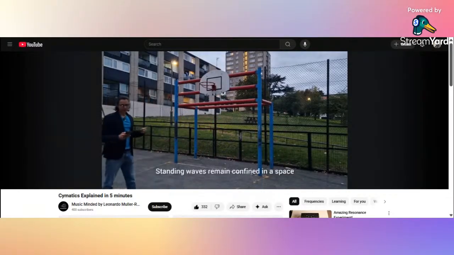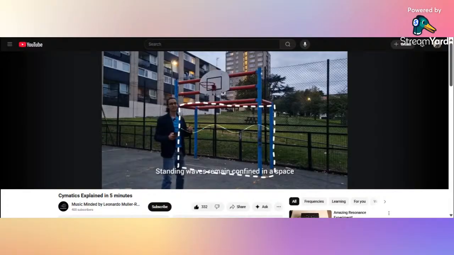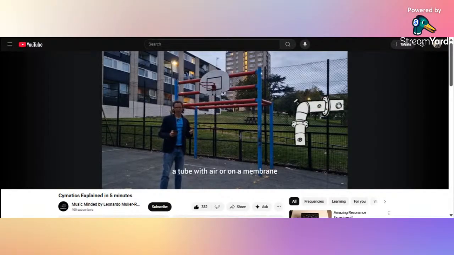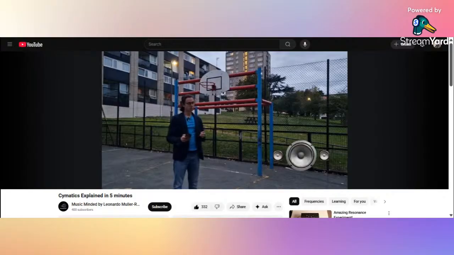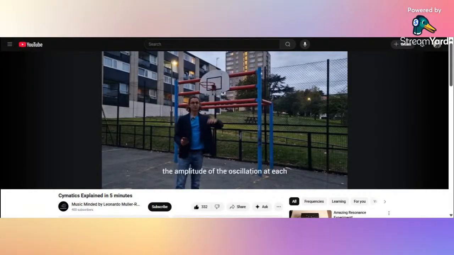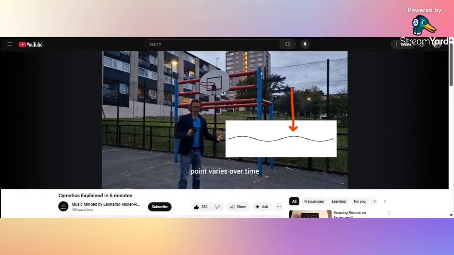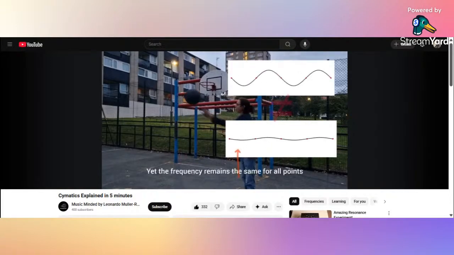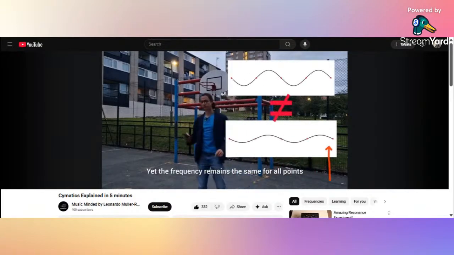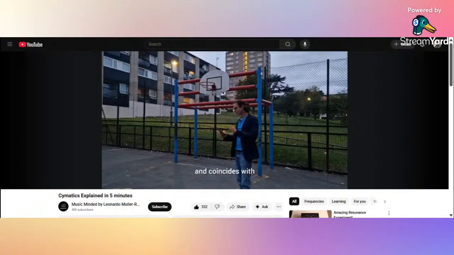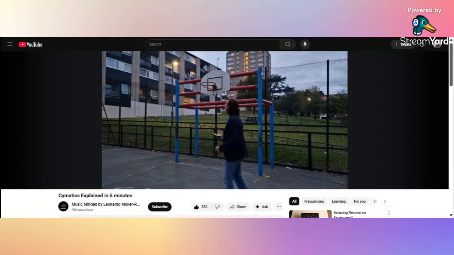Importantly, standing waves remain confined in a space, such as a string, a tube with air, or on a membrane. Moreover, the amplitude of the oscillation at each point varies over time. Yet the frequency remains the same for all points and coincides with that of the interfering waves.